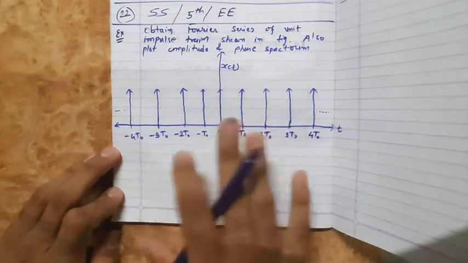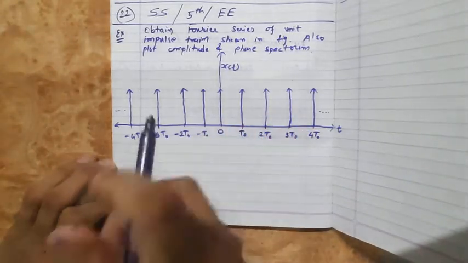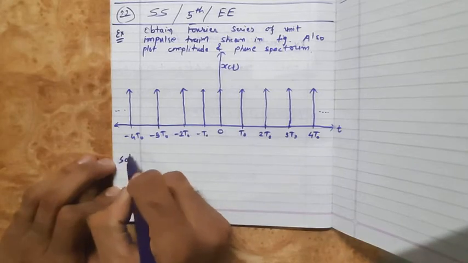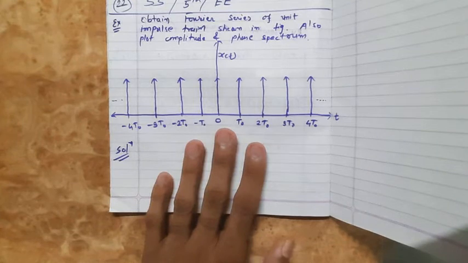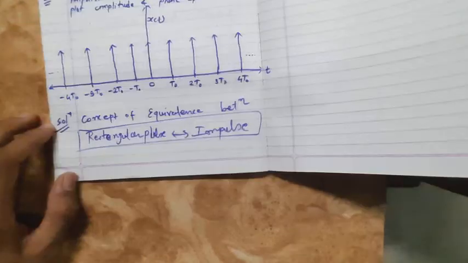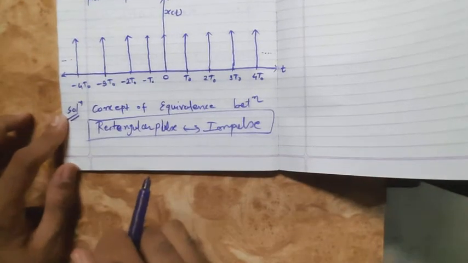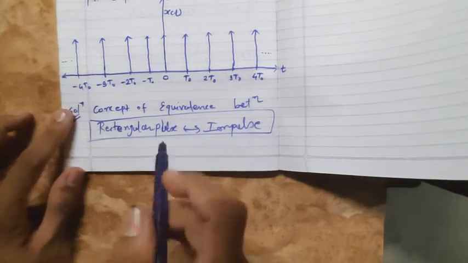This is a little bit tricky example, and more about understanding. The key idea here is that we use the concept of equivalence between a rectangular pulse and an impulse. You know what a rectangular pulse is.